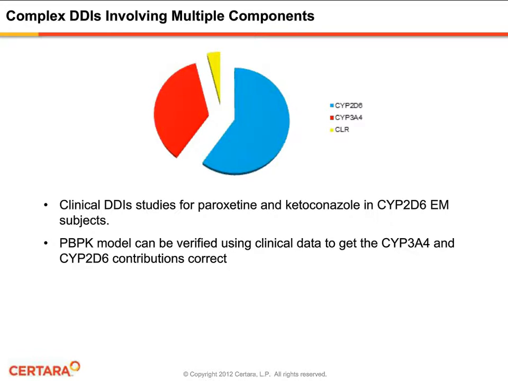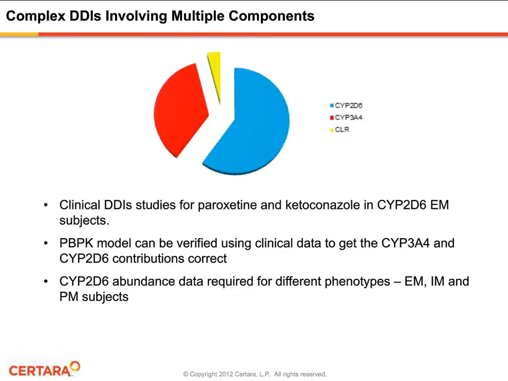This is good because once you've developed the PBPK model, this can be verified using clinical data, and obviously to get the CYP3A4 and CYP2D6 contributions correct, because that's what we need to do at the end of the day when we're looking at a DDI: make sure that we get the absolute enzyme contributions correct.